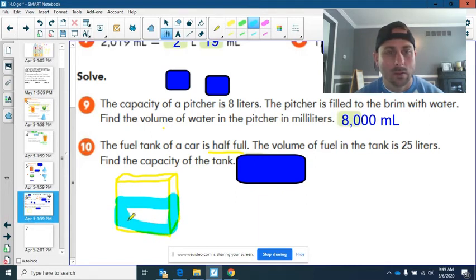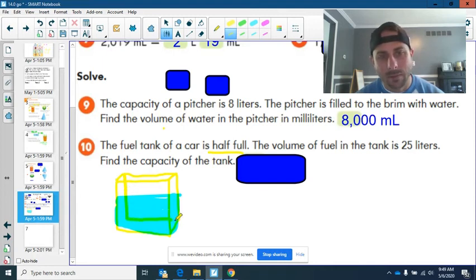And fuel is not really blue, but imagine there's your fuel tank. I think I filled that a little too high. It's only supposed to be halfway.